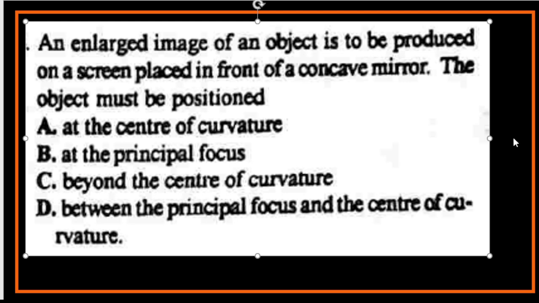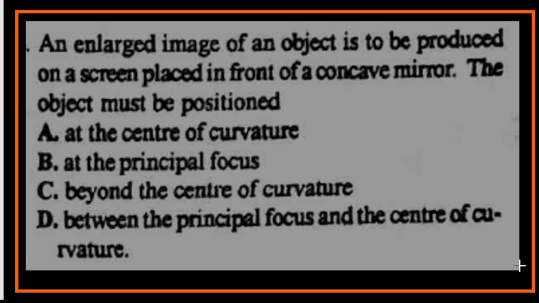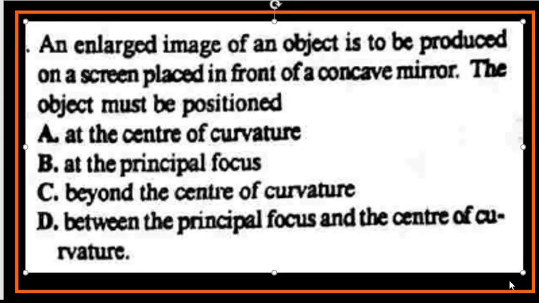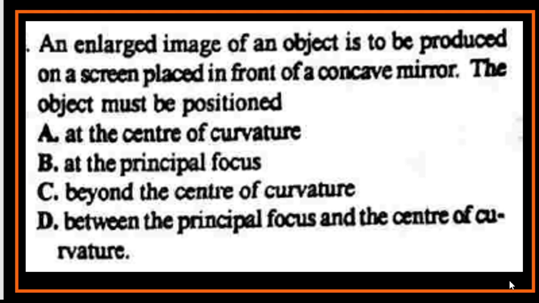Now look at this question here. It says an enlarged object is to be produced on a screen in front of a concave mirror. The object must be positioned where? Now, take your time. I give you 40 seconds to look at this.